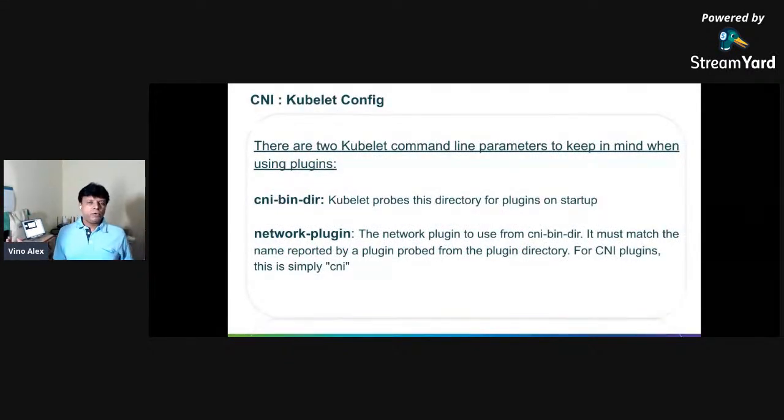So when you deploy Kubernetes, I assume that some of you went inside the kubelet configuration and saw the configuration specific to the CNI, right? There are two common settings required in kubelet.